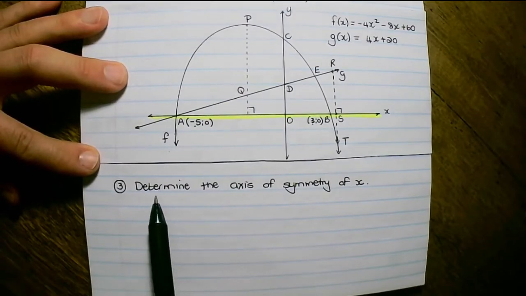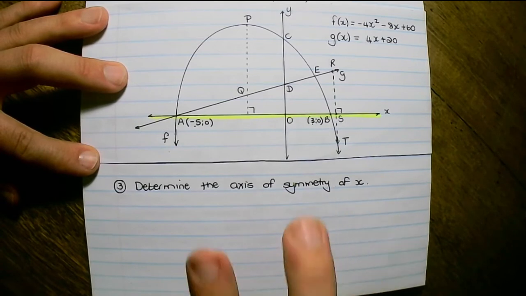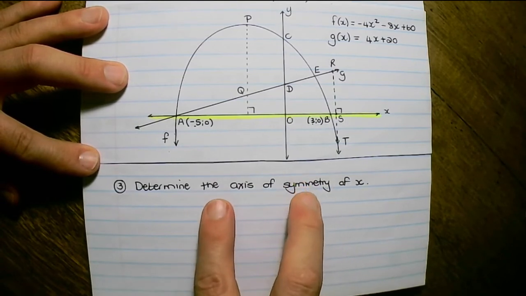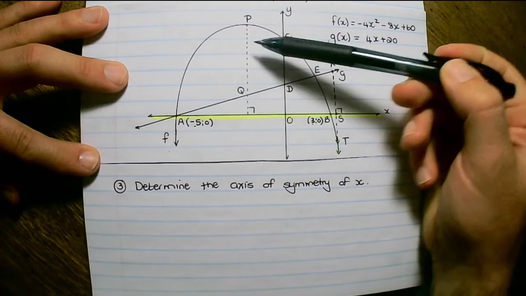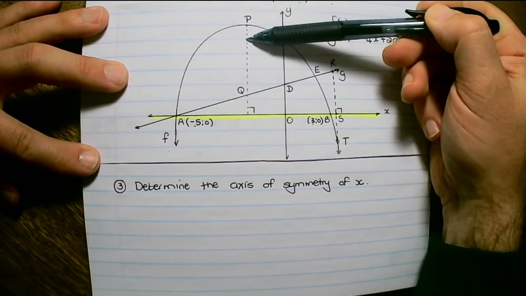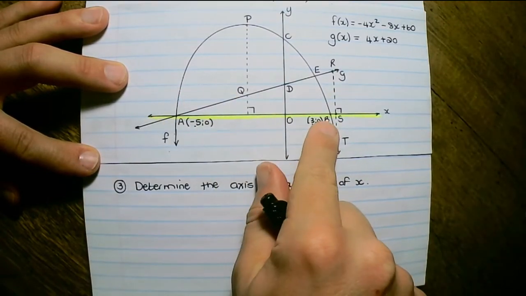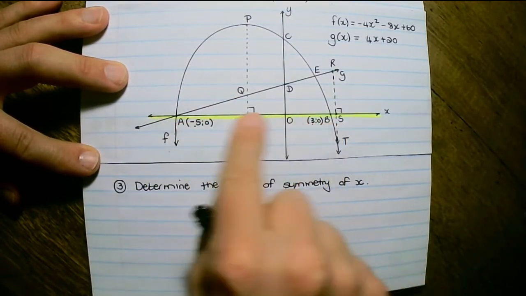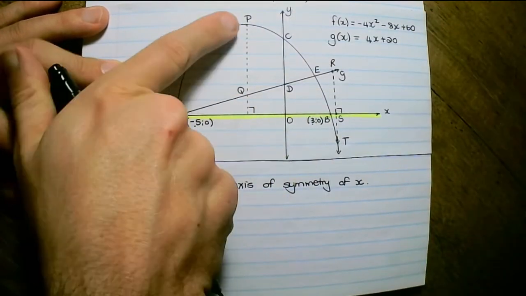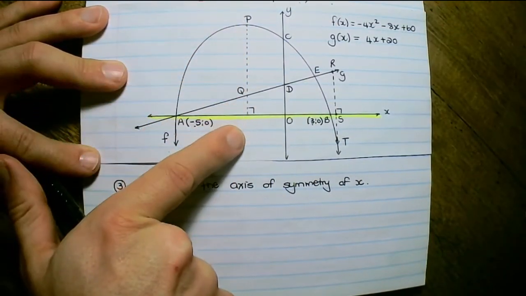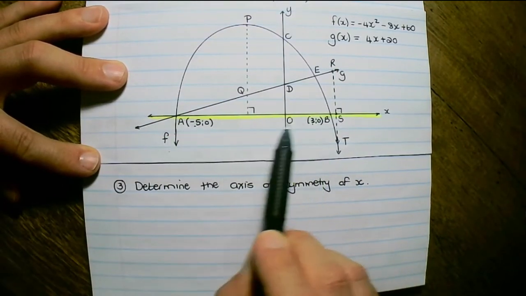Next, we can be asked to determine the axis of symmetry of f. Now, I'm going to show you two ways to do it. The axis of symmetry is the equation of the line at which you can fold the parabola in half. Now, you can fold this parabola in half at its turning point. One way to find this vertical line is to take the x-intercepts and find the middle of them.